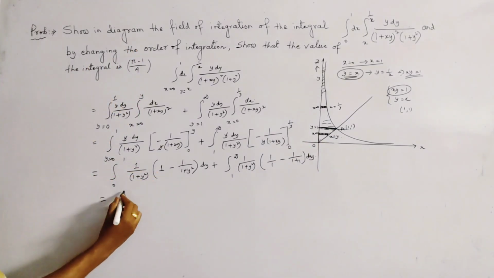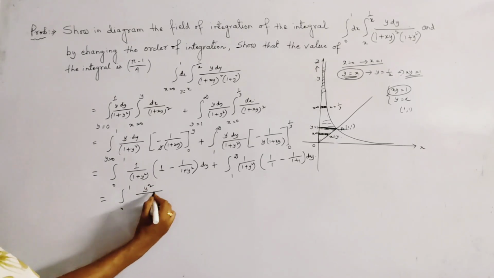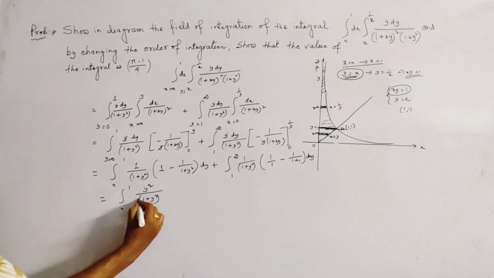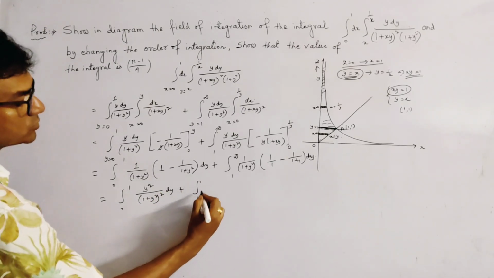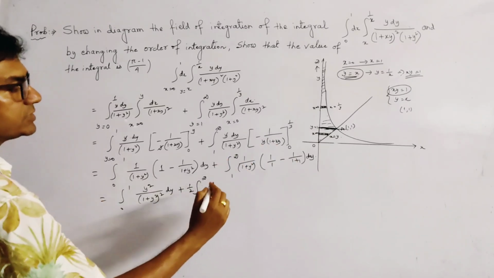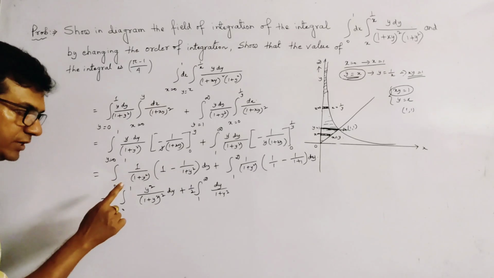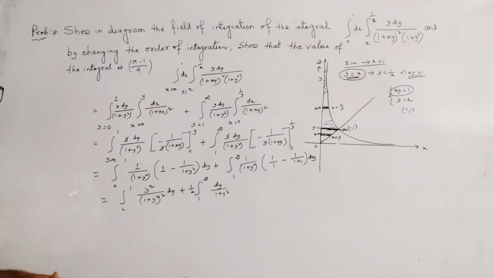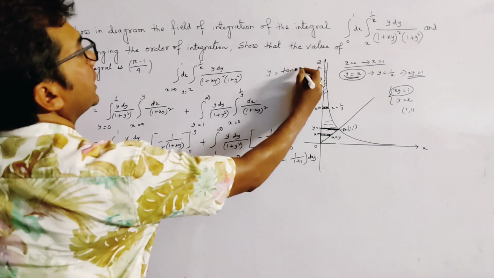Right, so we get integration 0 to 1, y square by 1 plus y square whole square dy, and the second integration is 1 to infinity, this is half because 1 minus half is half, dy by 1 plus y. Now to integrate the first integration, we put y equal to tan theta.